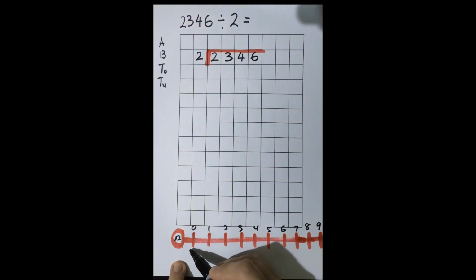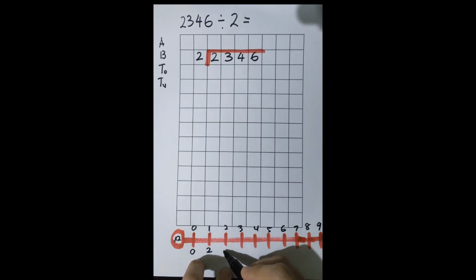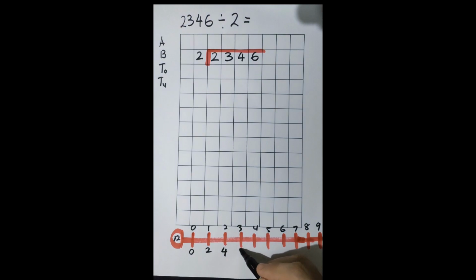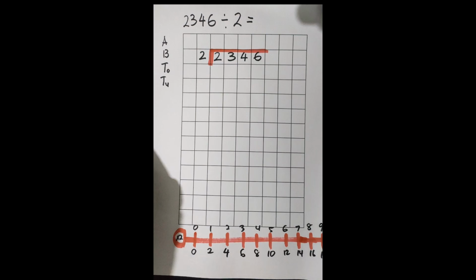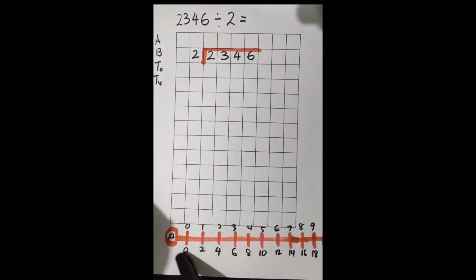So 0 times 2 is 0, 1 times 2 is 2, 2 times 2 is 4, 3 times 2 is 6, and so on. 8, 10, 12, 14, 16, and also 18. That is the advantage when you memorize your multiplication table. You can write down the tulang ikan dengan laju, or you don't need this tulang ikan. So please memorize your multiplication table.